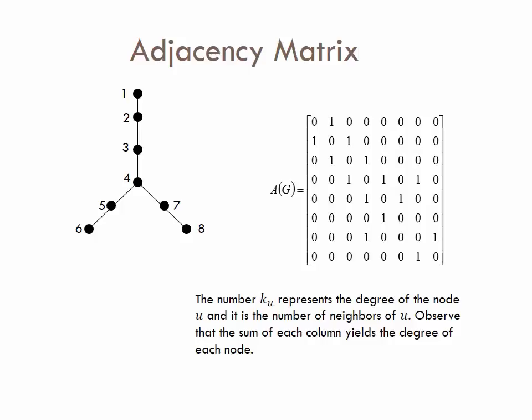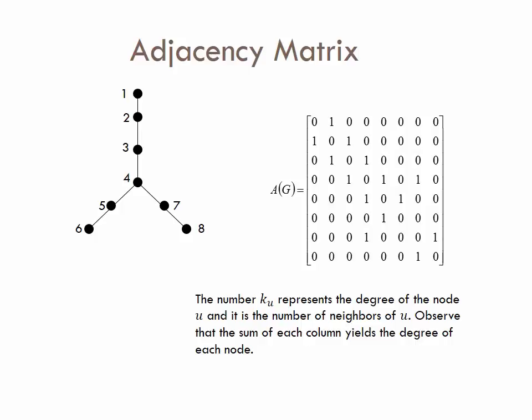Now recall that we're using the notation K sub u to represent the degree of node u. So if we look at each row or each column, the sum should be the degree of that node, because the number of ones indicates the number of neighbors.